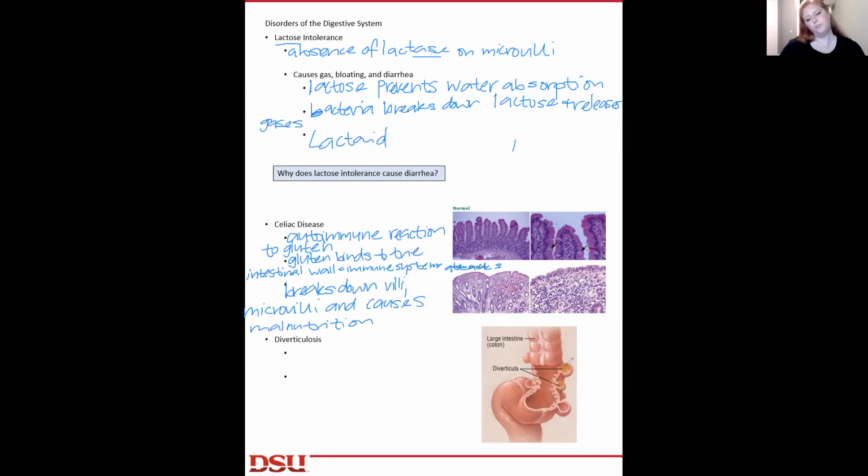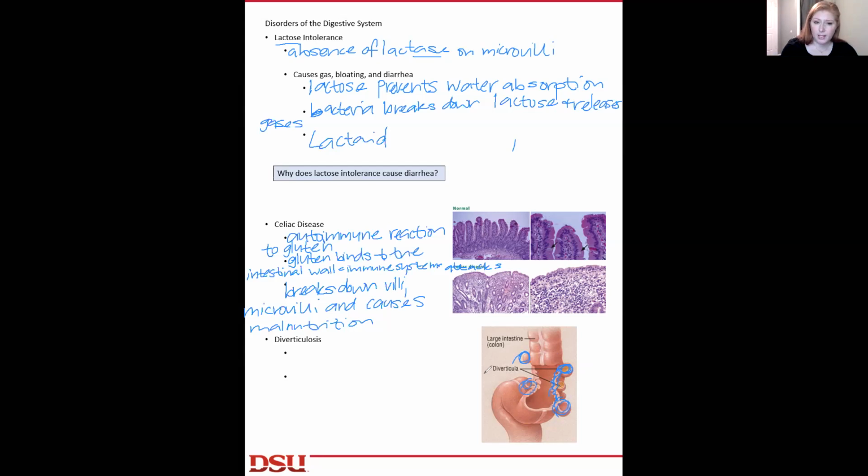So if we have our mucosa layer through here, then you can see that it creates these pockets that push down into the layers in between. Like this is supposed to be one right here. And here's one, and here's one.